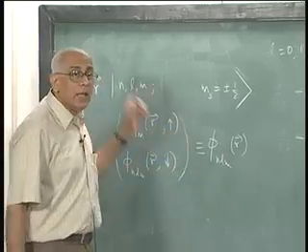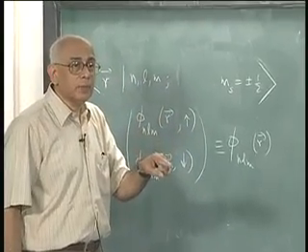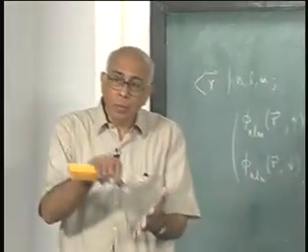It came by saying that L is R cross P. So I put in the fact that the orbital angular momentum is special, it is not just a general angular momentum, it is representable in terms of the dynamical variables of the system, the position and the linear momentum. That has led finally to the fact that the wave function must be single valued. The orbital part of the wave function must be single valued. In turn, that puts a condition on L.